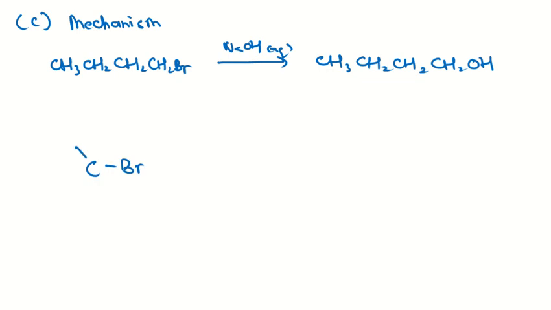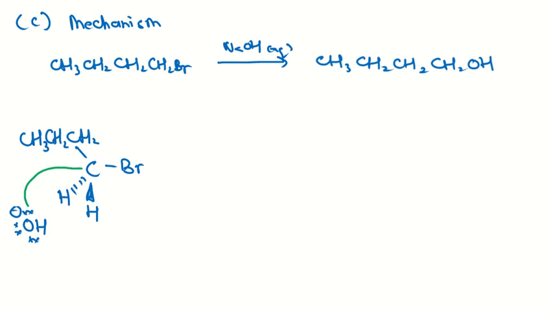Now, we will draw the 1-bromobutane in a tetrahedral structure. And then we have the nucleophile OH minus. Okay, so electron on oxygen will attack this carbon.